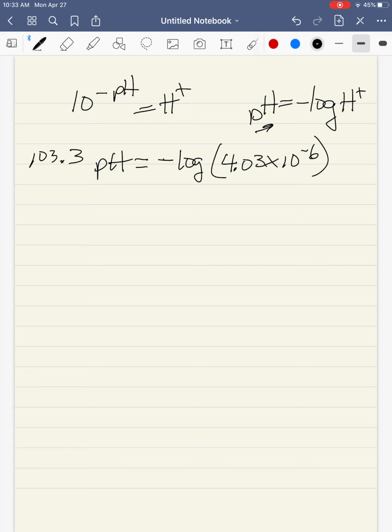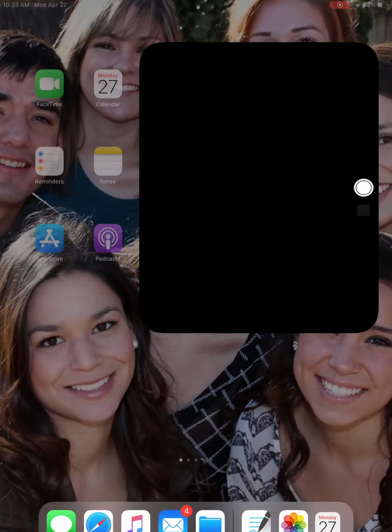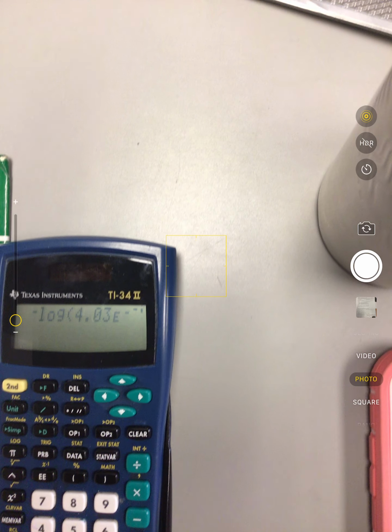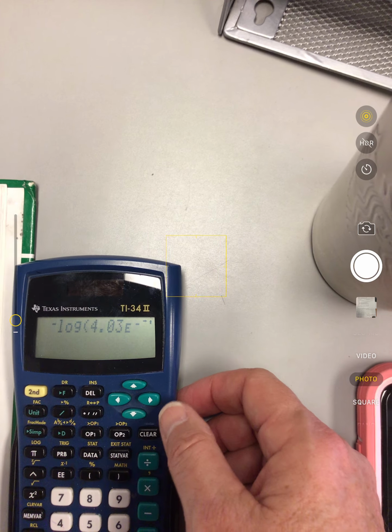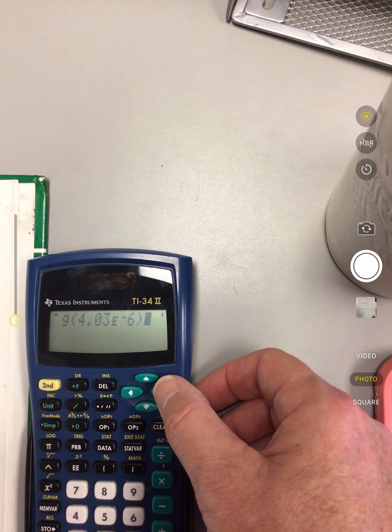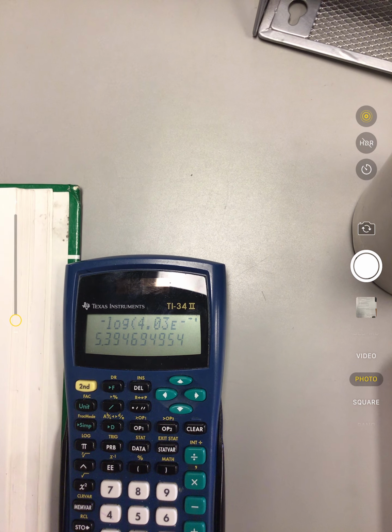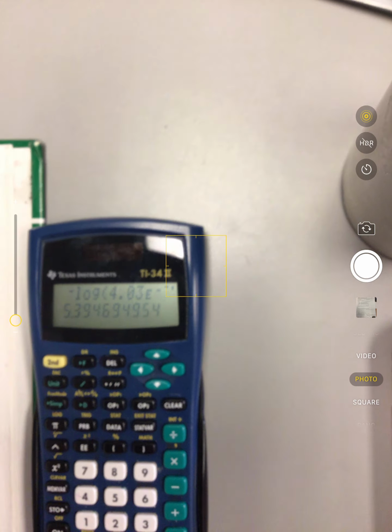Oh, here it is, right in front of me. Okay, so this is what it looks like, and I'll just scroll over so you can see the rest. And then I'll hit enter. So the pH is 5.39.